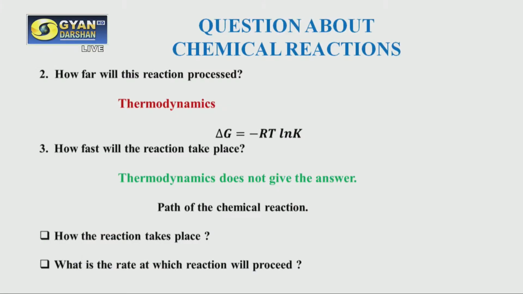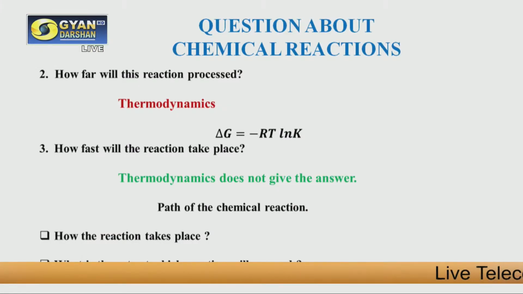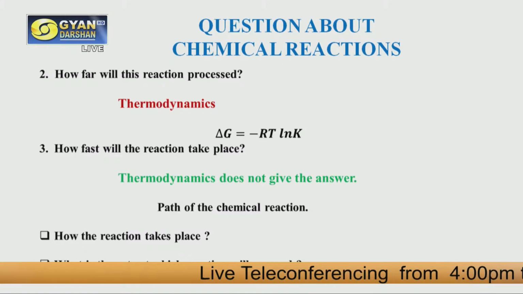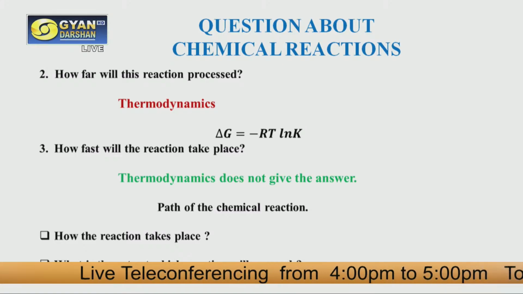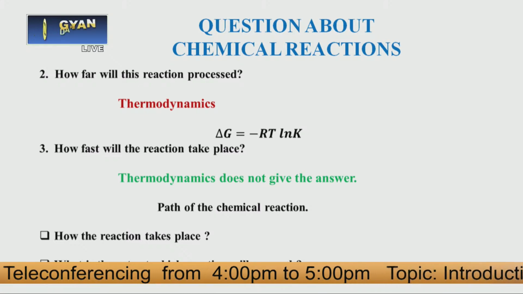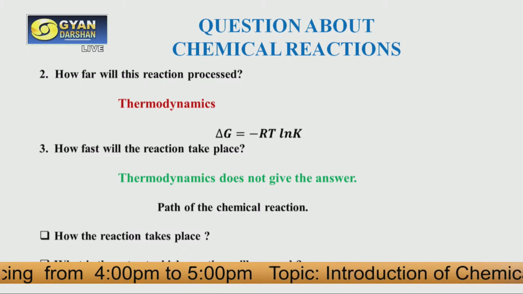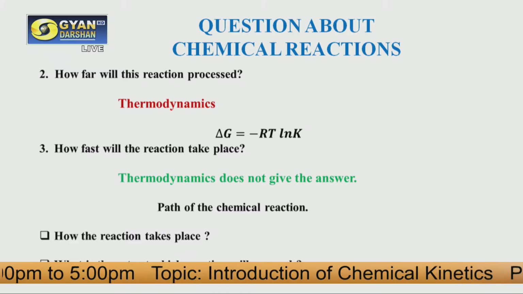The second question that comes to our mind: how far will this reaction proceed? यह reaction कितने समय तक चलेगा या कितने समय में पूर्ण होगा? So this question is again answerable by thermodynamics. Chemical equilibria. You must have heard the term chemical equilibria in thermodynamics.